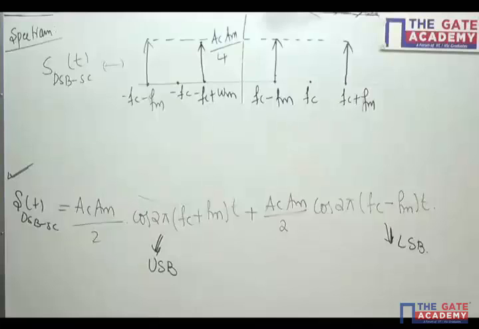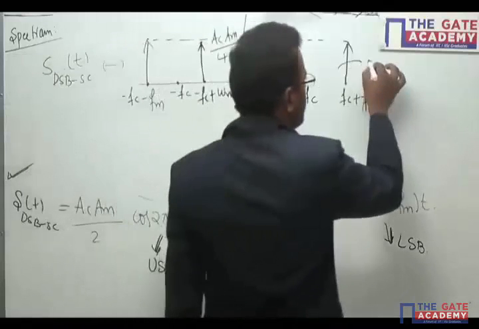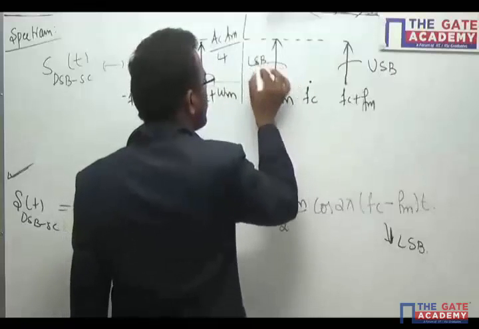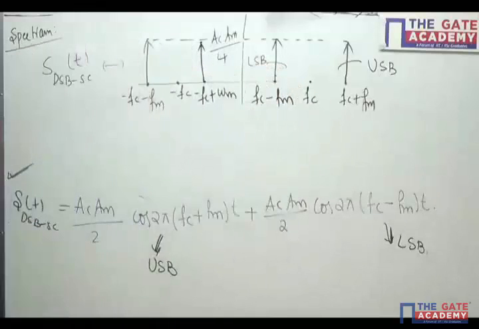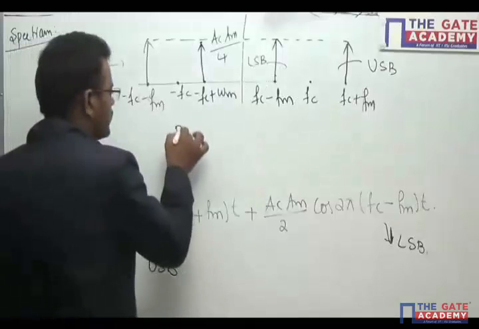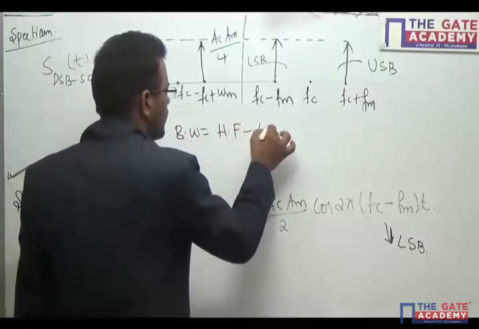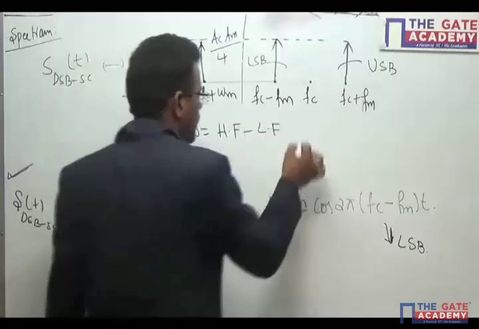In the spectrum of the single-tone DSBSC modulation, we have the upper side band and the lower side band. There is no carrier component. What is the bandwidth? Bandwidth is the highest frequency component minus the lowest frequency component.